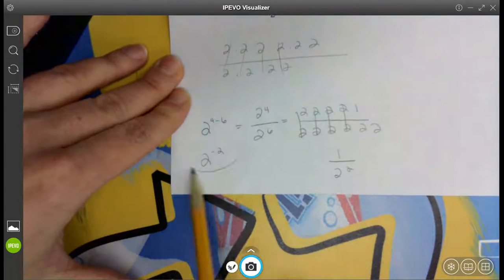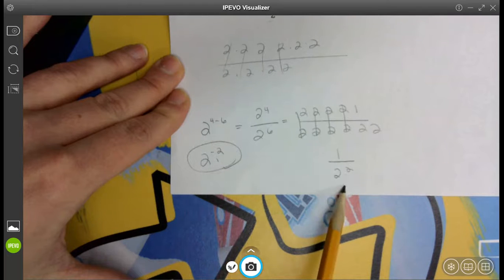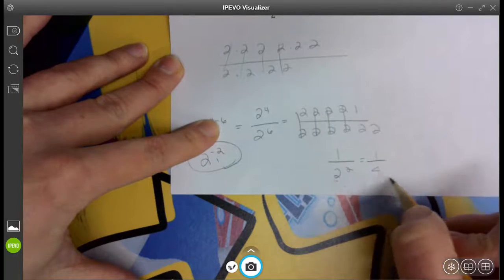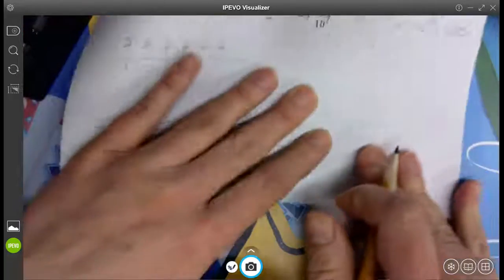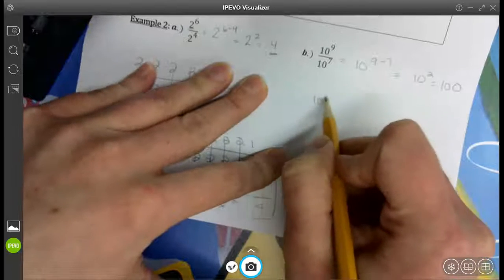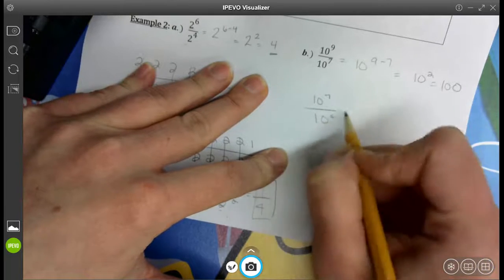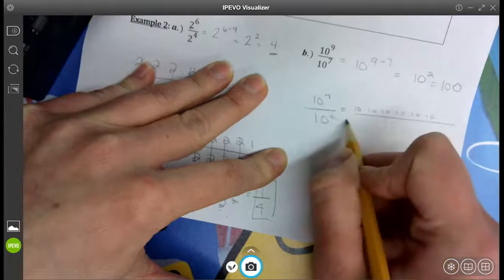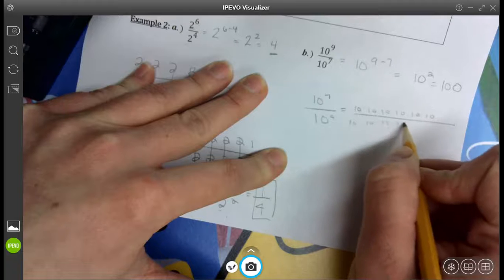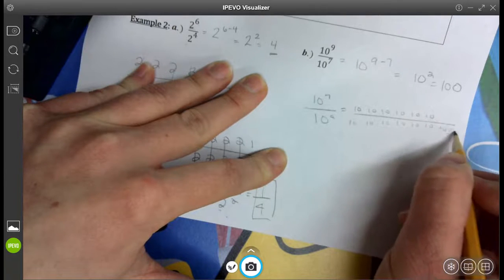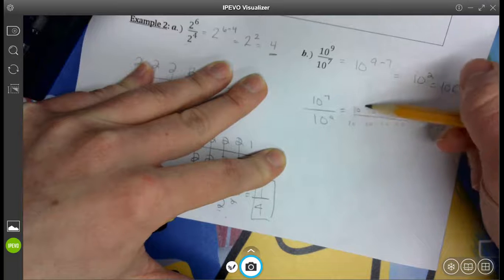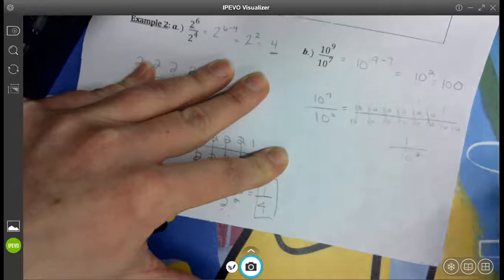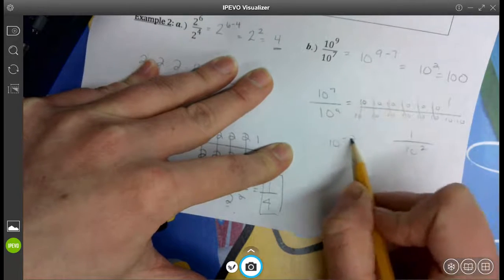So we can conclude if you're negative, you need to be moved. What if it was flip-flopped this way? Seven of them would simplify to 1, and it'd be 1 over 10 squared. 7 minus 9 is negative 2.